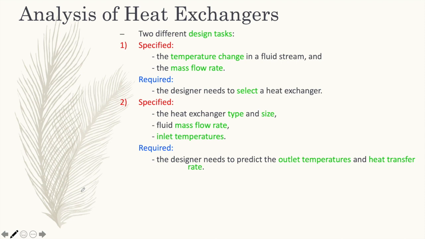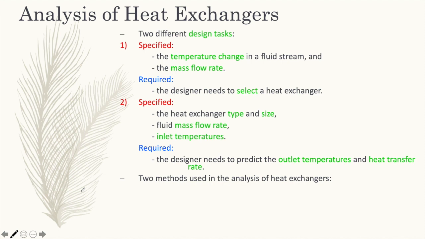Okay, and actually in the analysis of heat exchangers, we may deal with two types of method. The first one is the log mean temperature difference. I believe that you have already heard about the log mean temperature difference, because in the question there will be delta T log mean.